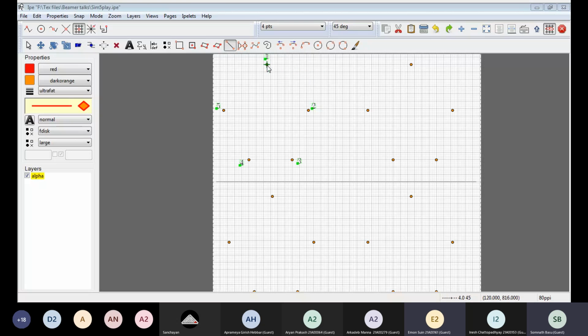Okay, very good. So let me draw 1 and 2. Now blue team, what shall I draw? 2 and 3. Okay, so let me change it to blue. 2 and 3.